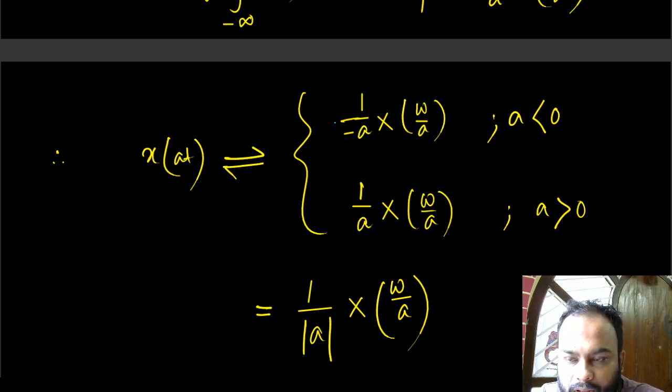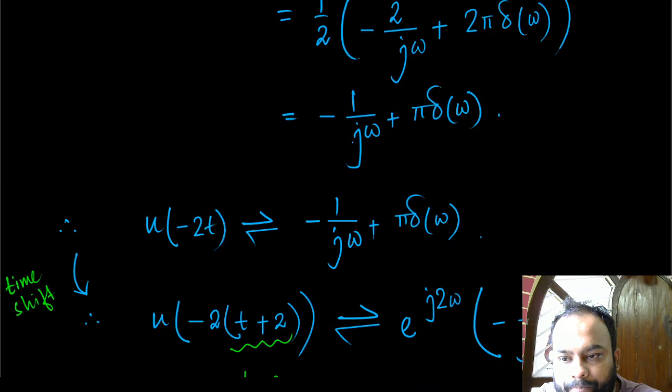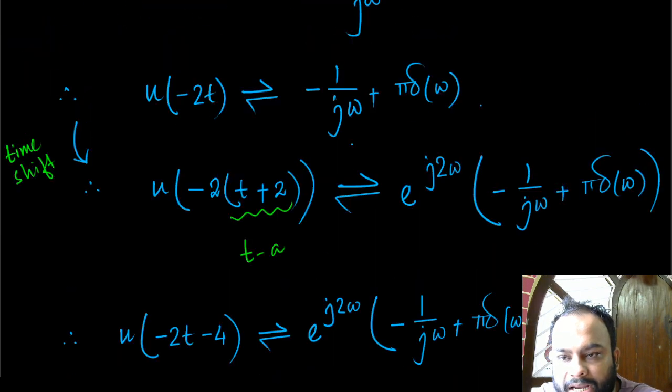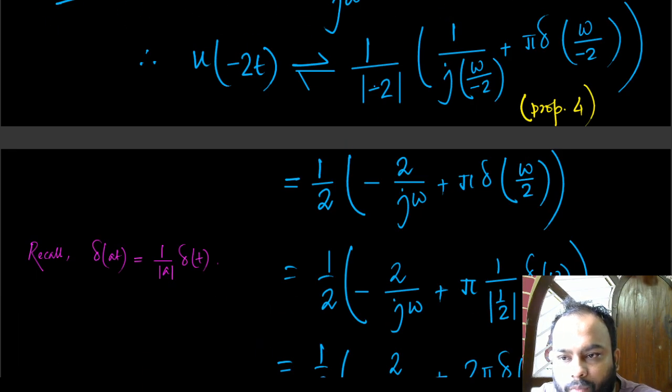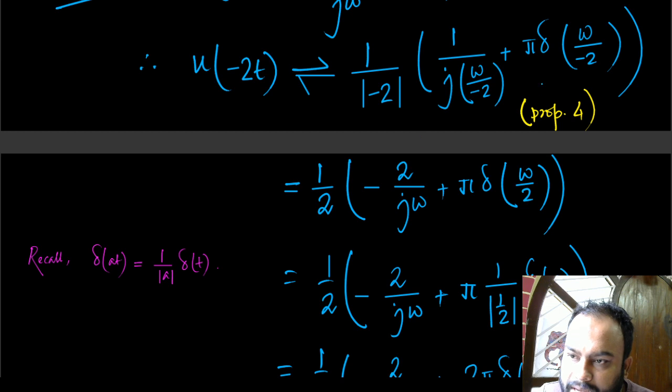Since a is negative, this is the property that is going to be applicable here. I am going to have 1 by minus of minus 2, and that is what we have here. That's just 1 by 2. And here we did write 2.